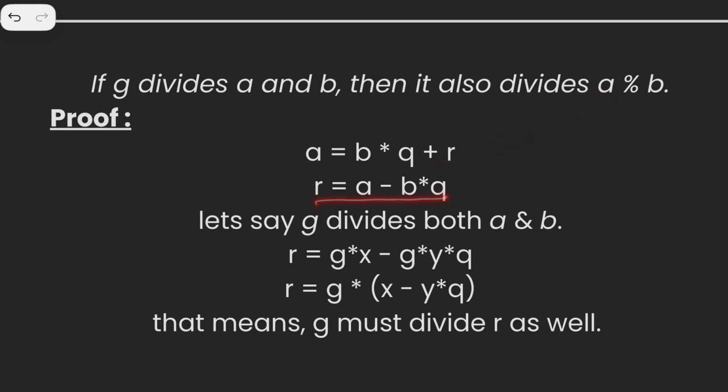So R can be written as A minus B times Q. Now remember, G divides A and B. So we can write A as G times X, some random X, and B can be written as G times Y, some random Y. Now G can be taken as common and we have something like this. G actually divides R. So if there exists a G that divides A and B, then it must divide R, which is A mod B. Very, very simple proof, right?